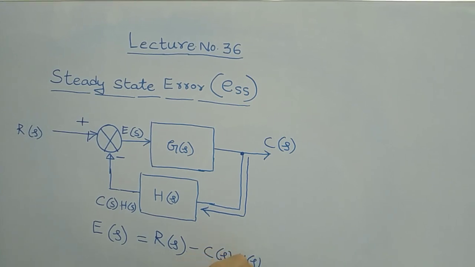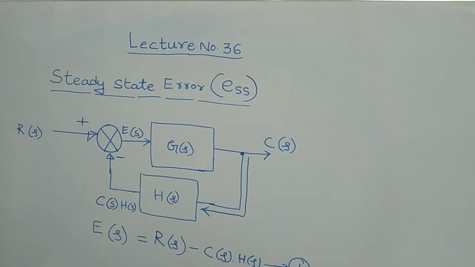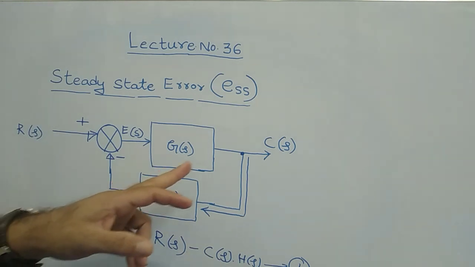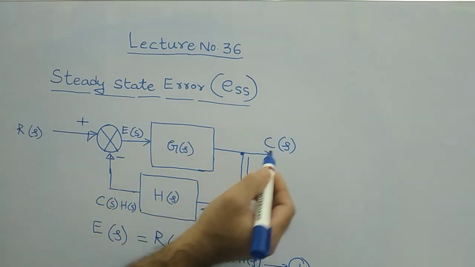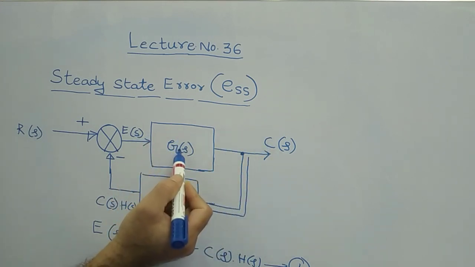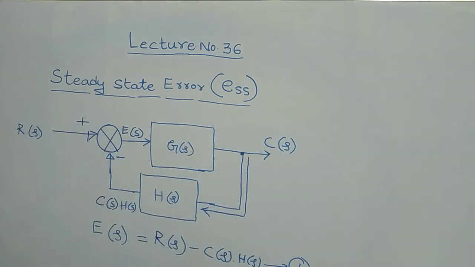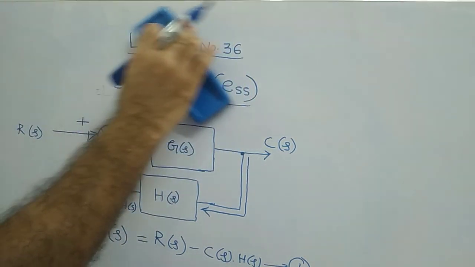Let us consider this as equation number 1, from this block diagram. Now write another expression from here. C of S is equal to gain into input, that is, C of S is equal to G of S into E of S. Is it not?